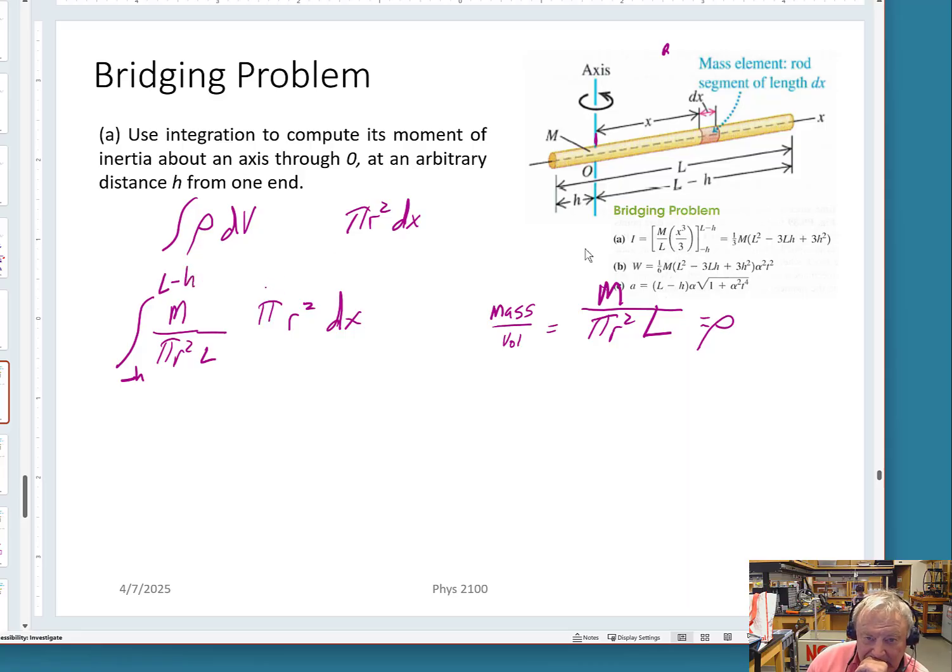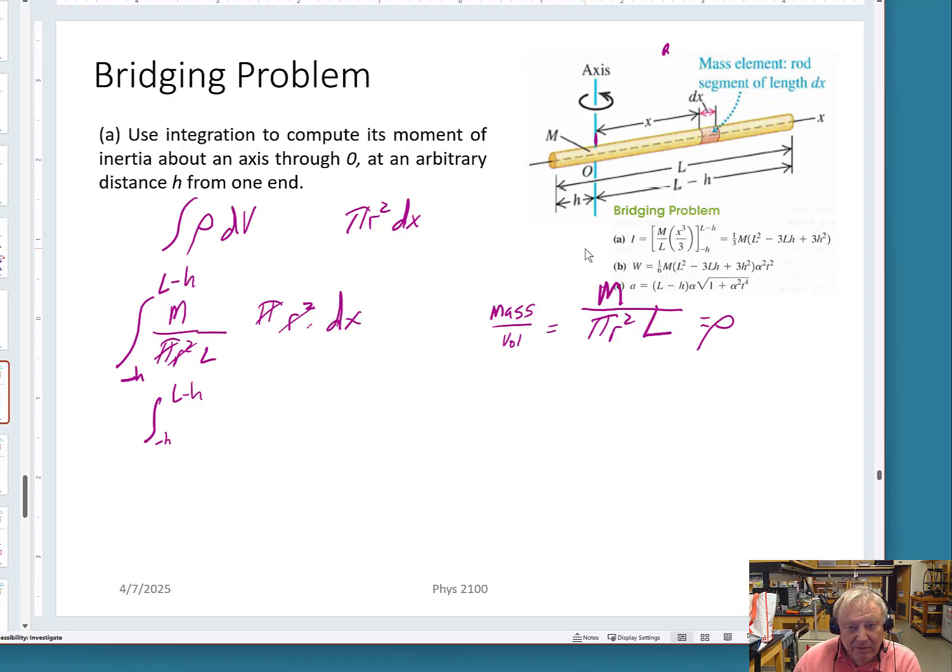Okay. And it looks fairly straightforward. It's just going to be then the integral from minus h to L minus h. I guess some cancellations.